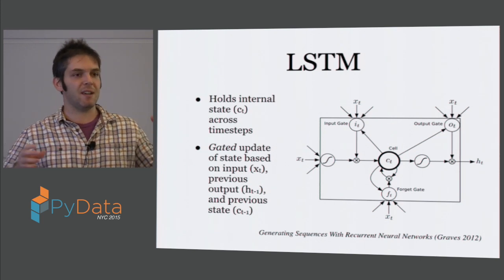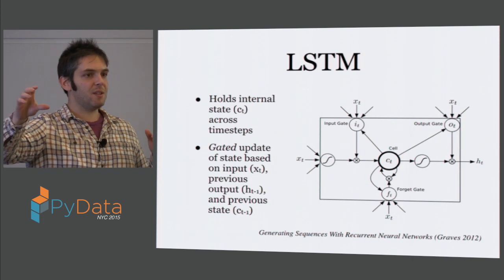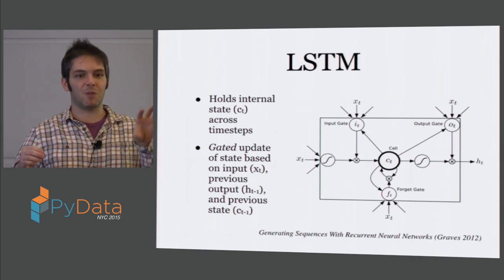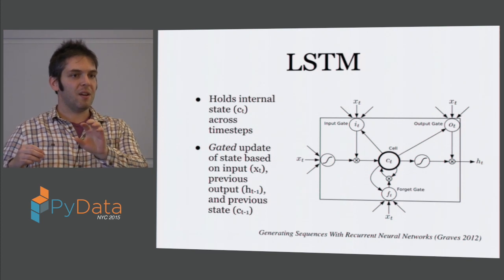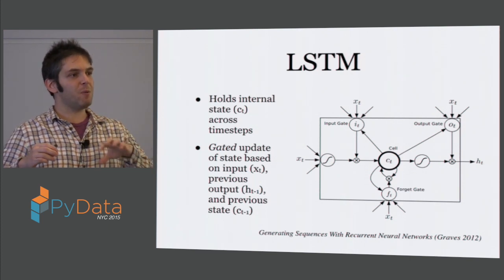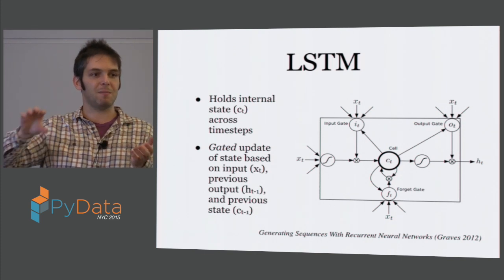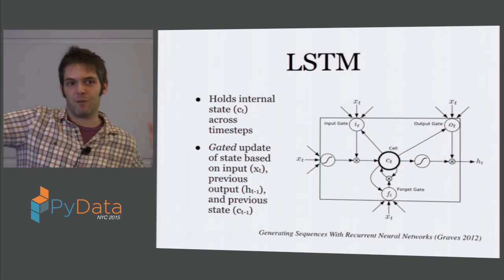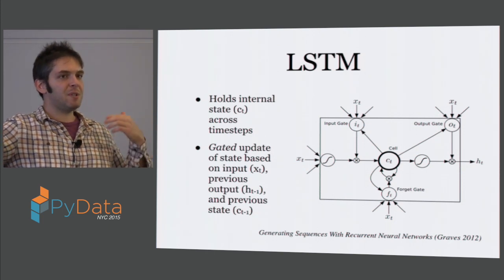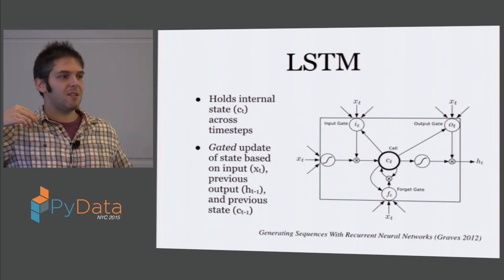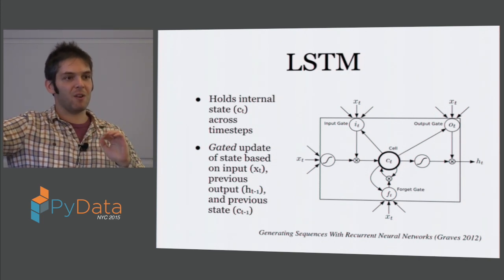You have your previous state and the current input, and then you get another state. In this case, the default behavior is just to propagate state between time steps. So if your input is somehow uninformative, you can just imagine this as copying its state from time step to time step forward forever. And then there's an adaptive update to this internal state, which is different than the output coming out of the node.